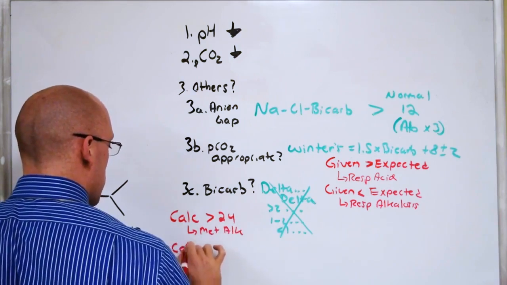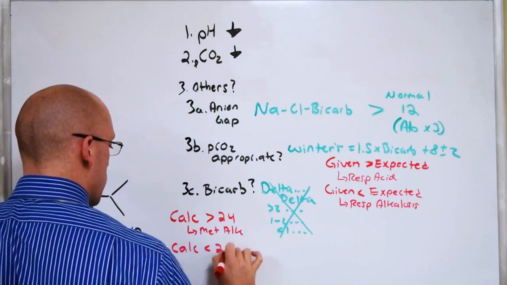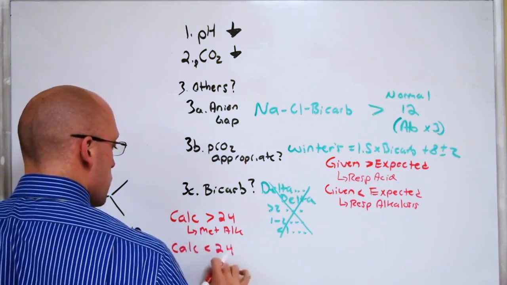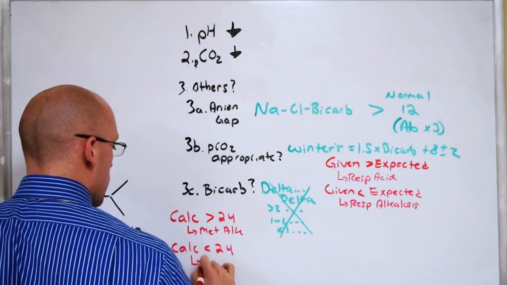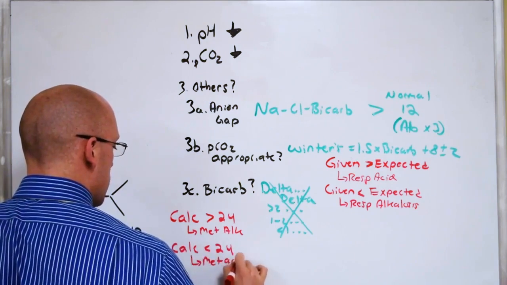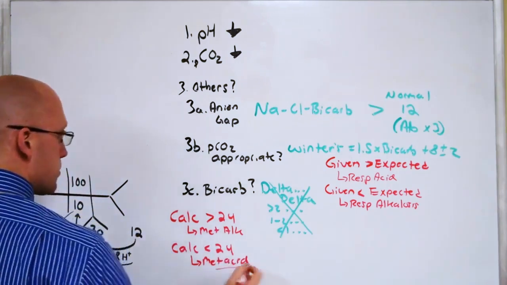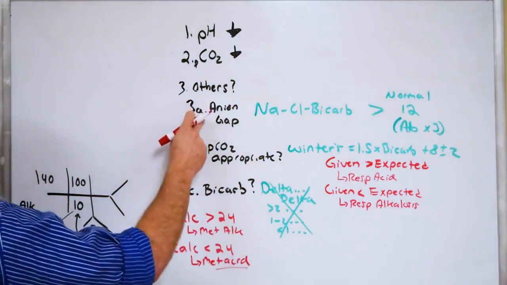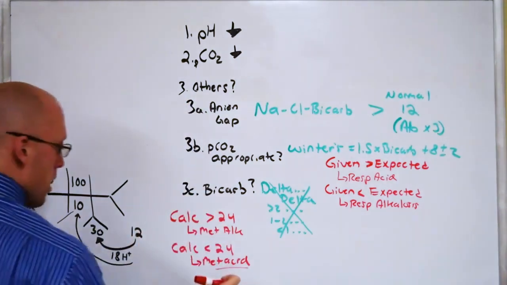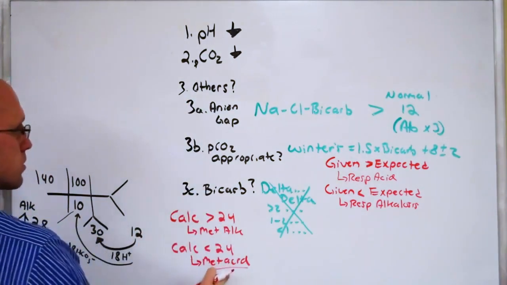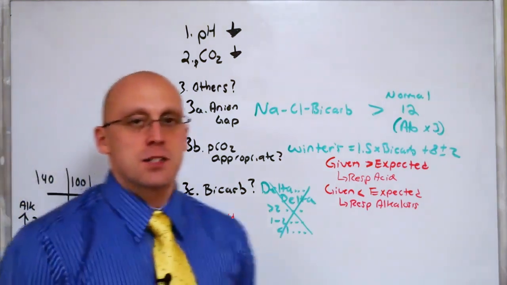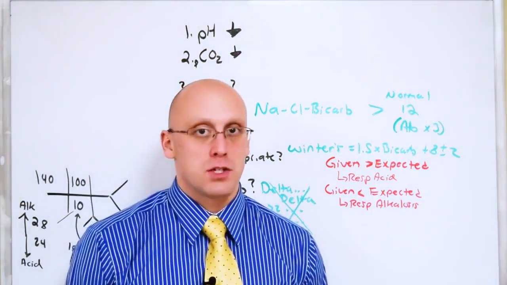If your calculated bicarb is less than normal and is less than 24, you have too few bicarbs, and this is a metabolic acidosis. In this case, you would say you have an anion gap acidosis with a non-gap acidosis. That's a hard one. We're going to end on a much easier one.